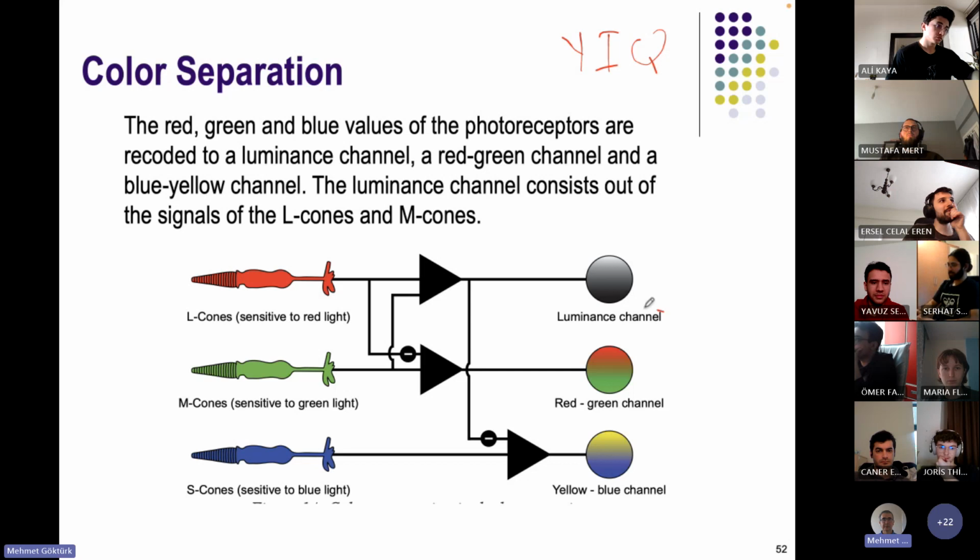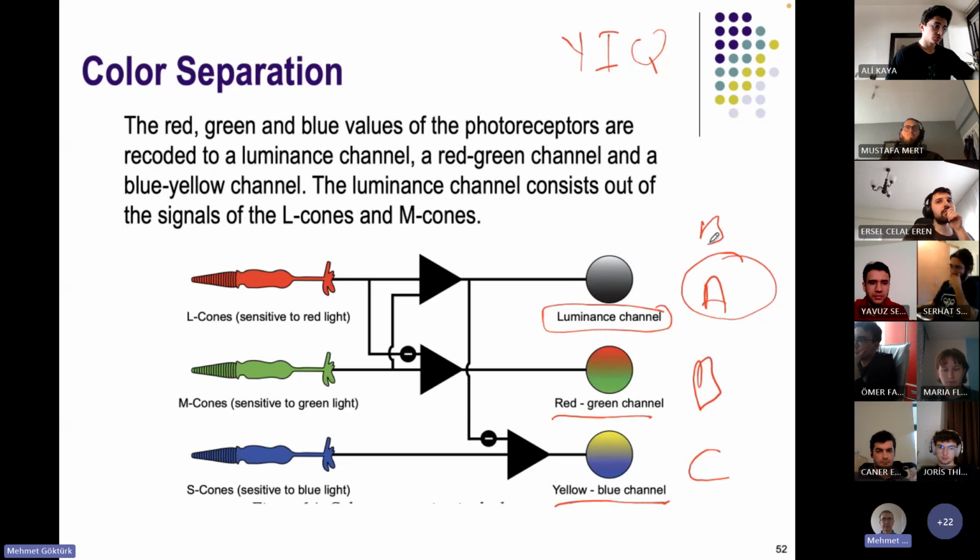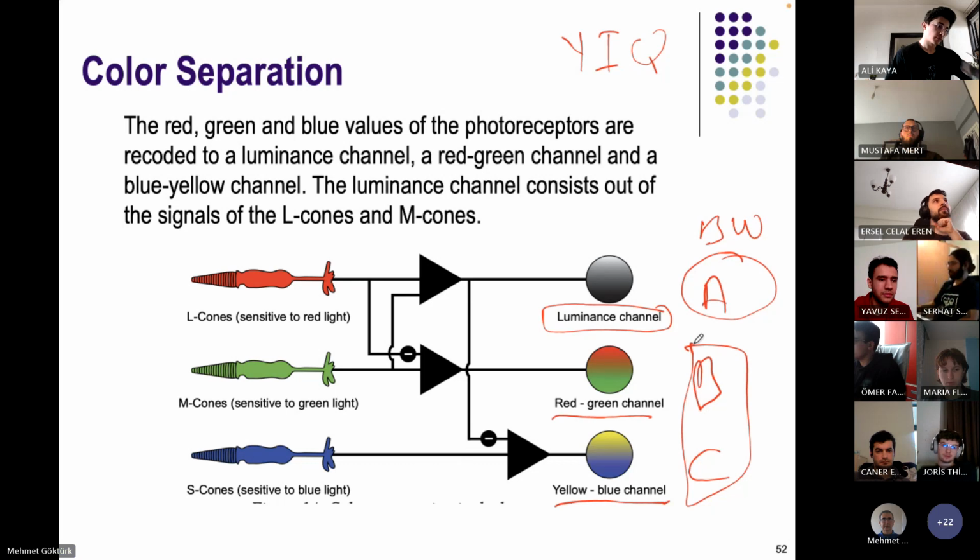One channel is luminance. There are red-green and yellow-blue channels. So again, it is 3 components, but one is only for black and white. The additional 2 are a function of red, green, and blue, so that you can re-extract the information.